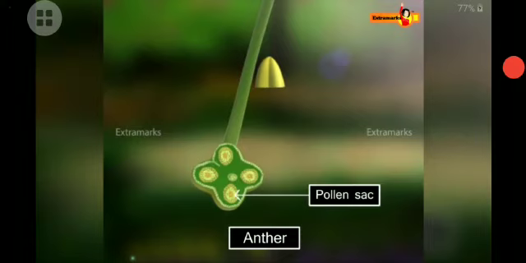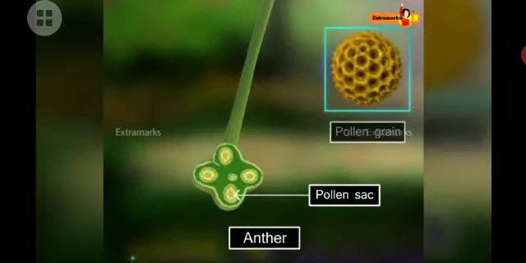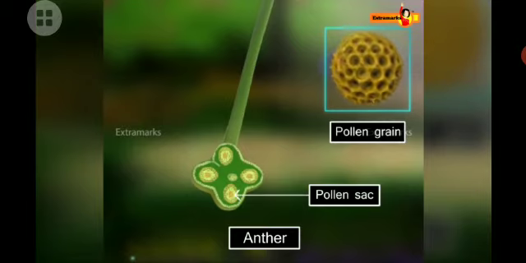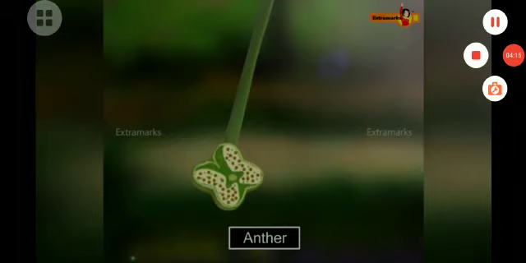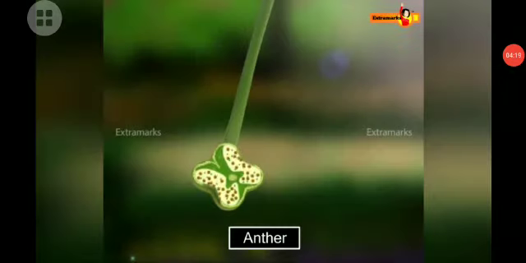These pollen sacs are separated by a thin layer of tissue known as connective. Each pollen sac contains numerous pollen grains or microspores. When the mature anther dehisces, pollen grains are released from it.